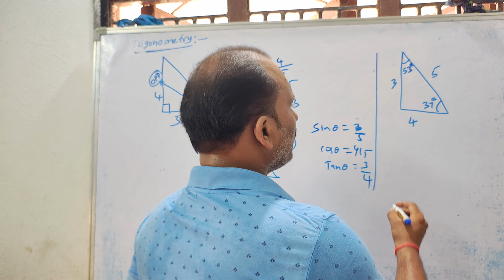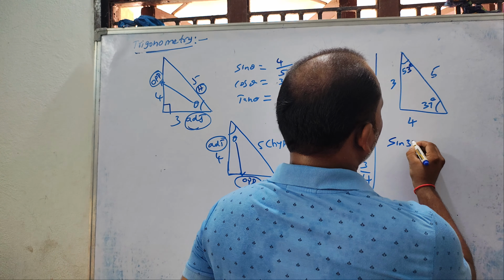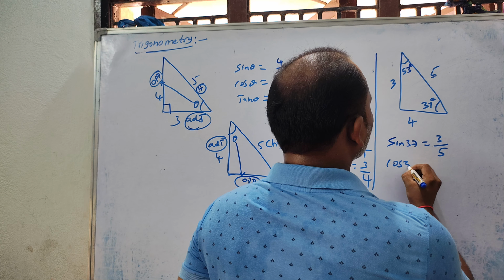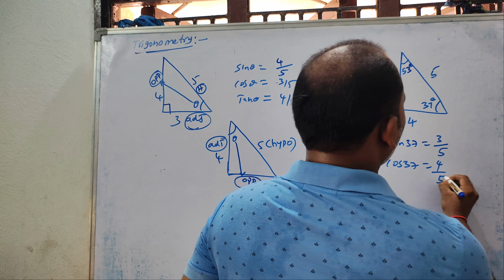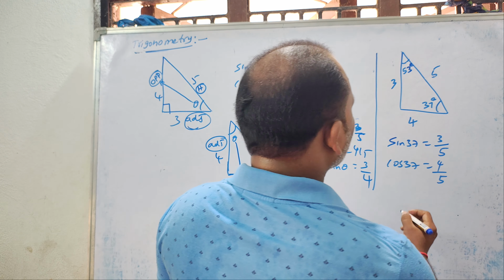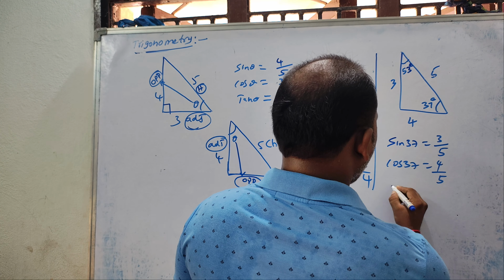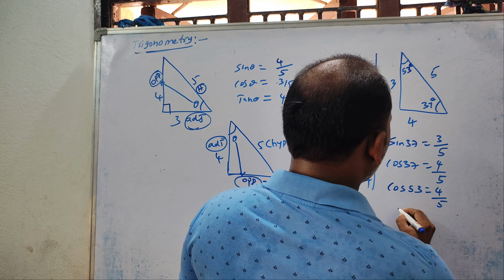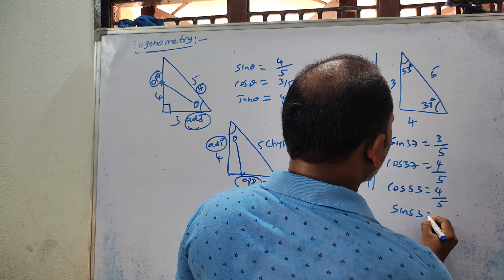Now we write down sin 37 degrees, keep in mind, guys: sin 37 is 3 by 5, cos 37 is 4 by 5. Next, cos 53 is 4 by 5, sin 53 is 3 by 5.